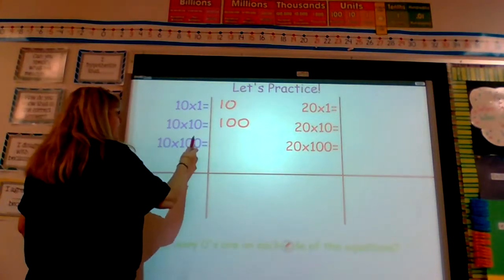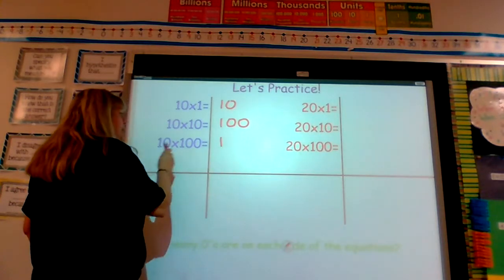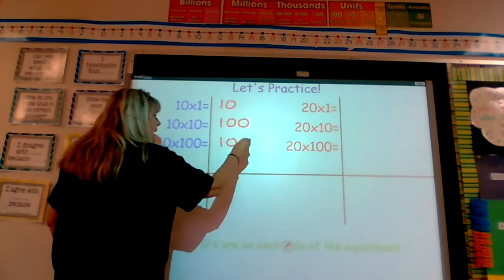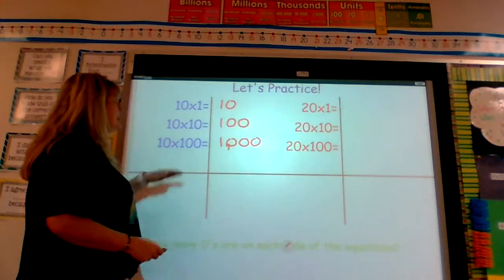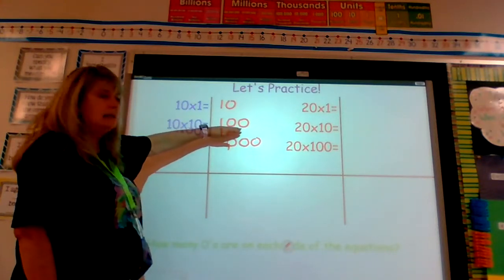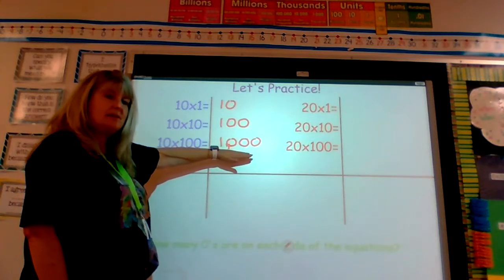And if we're multiplying 10 times 100, well, I know I'm multiplying 1 times 1. Wouldn't I be adding the same amount of zeros? So look what it did. 1 times 10 gave me 10. 10 times 10 gave me 100. 10 times 100 gave me 1,000.